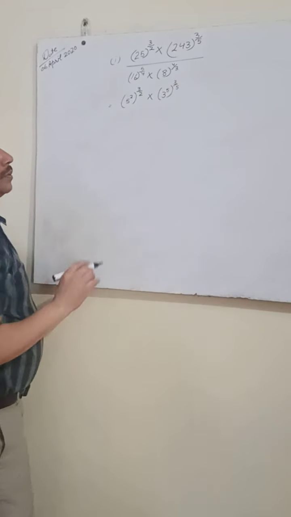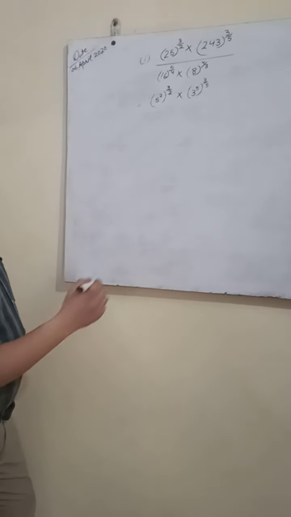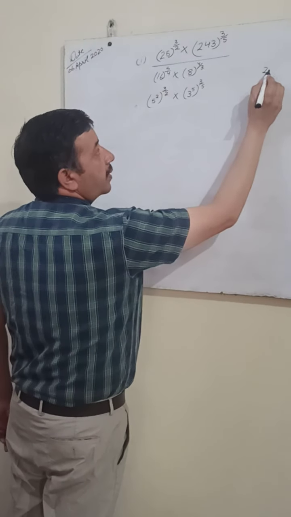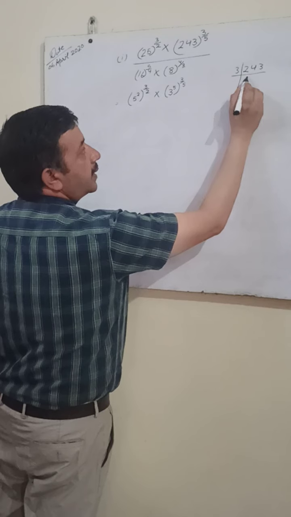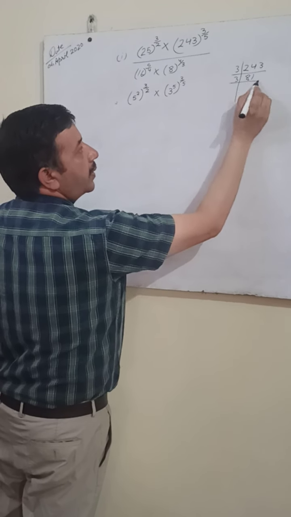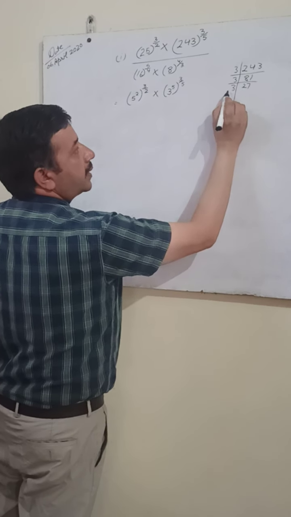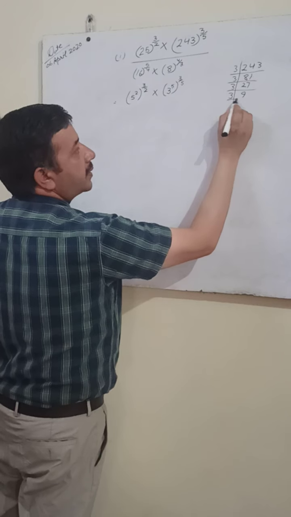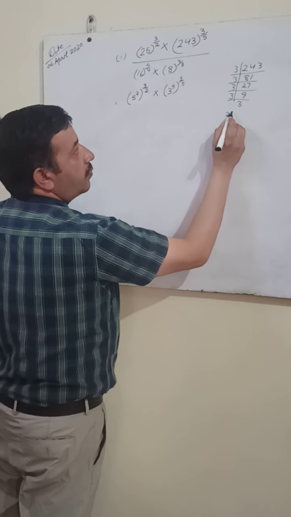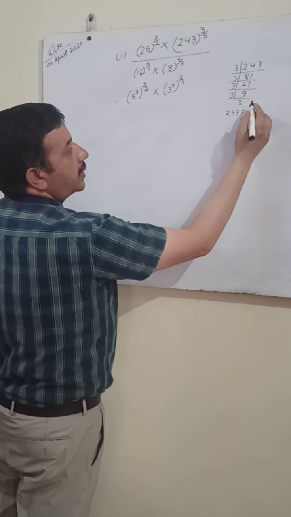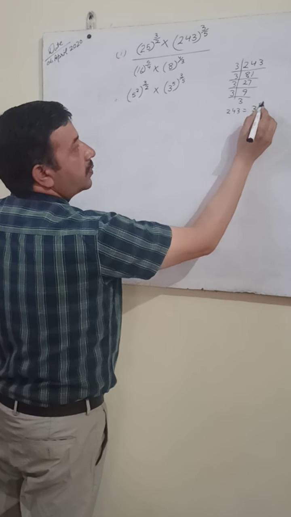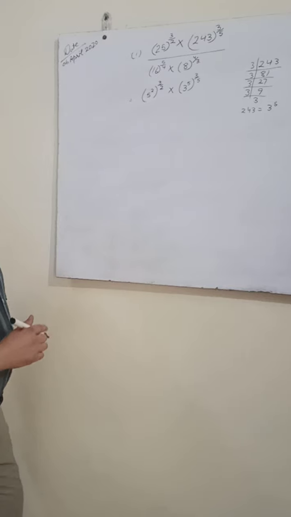If you don't know 243, you can find the prime factors of 243 like this: 3, 81, 3, 27, 3, 9 and 3, 3. You see 243 is equal to 3 into 3 into 3 into 3 into 3, that is 3 power 5. You can find it in this way, right?